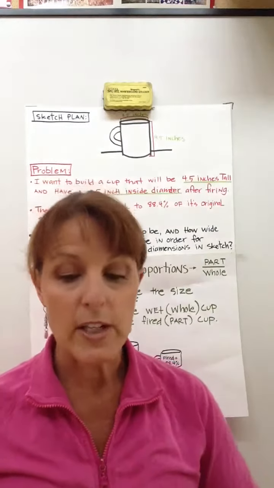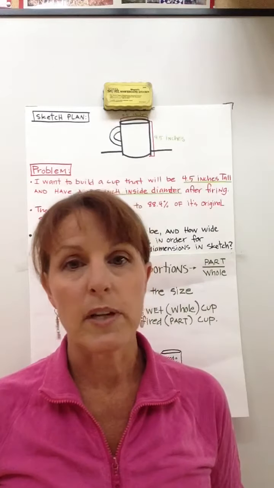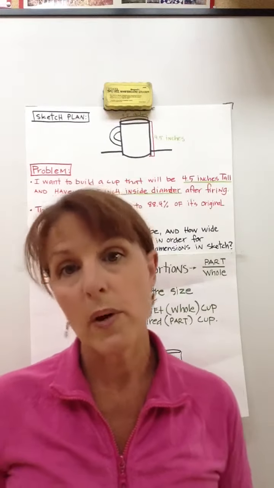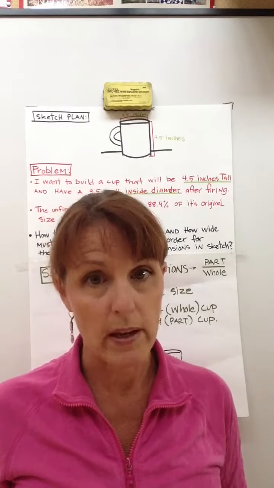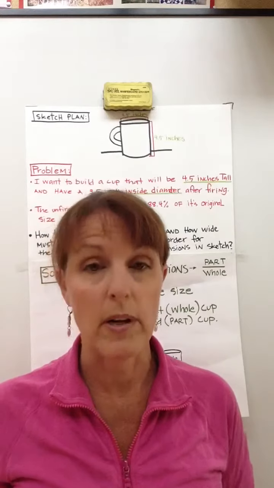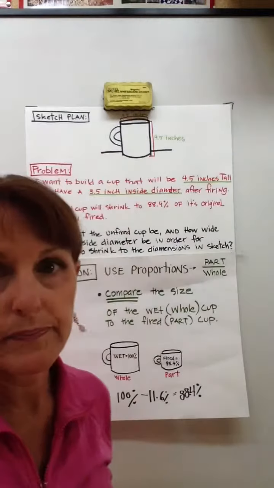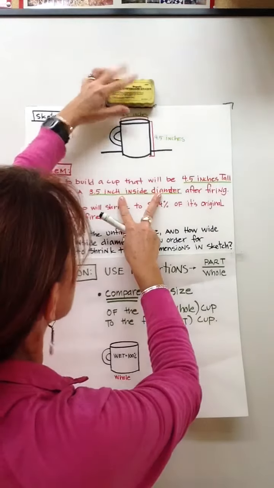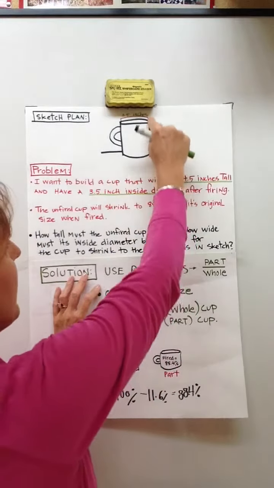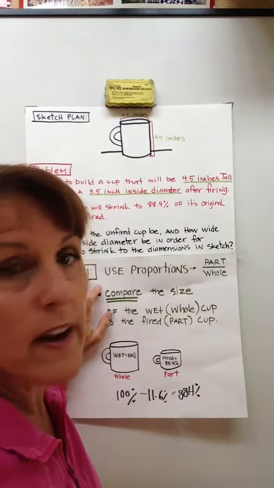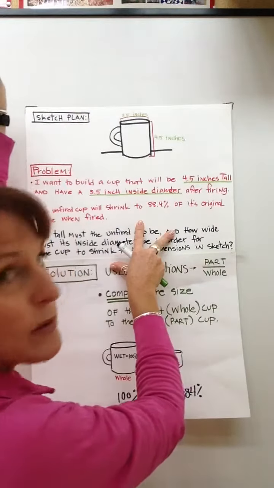You are going to sketch the mug that you're going to build, and in that sketch plan you're going to include how tall you want it to be and how wide you want the inside diameter of the cup to be, which is actually a circle, remember, okay? Now, here's my sketch plan, and hopefully you can see that. Here's my mug. I'm saying here that I want the height to be 4.5 inches tall, and I want the inside diameter to be 3.5 inches. Can you see that now?